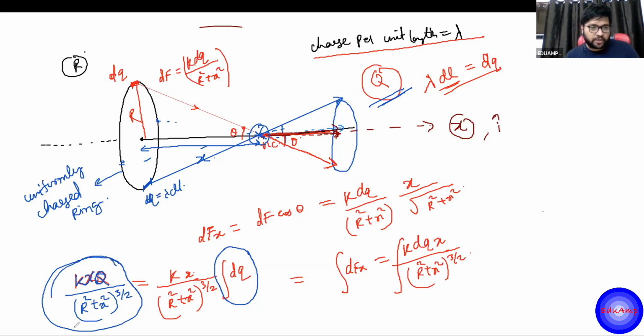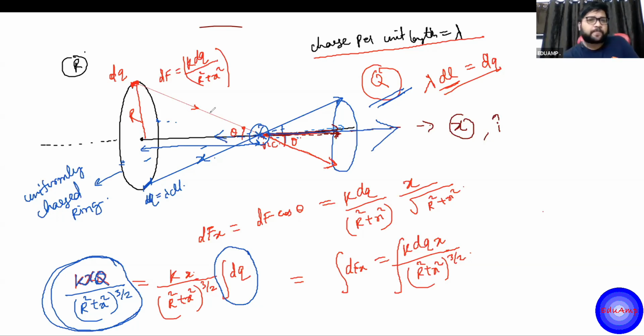This much: kxQ divided by r square plus x square whole to the power 3 by 2. In which direction? If it is positive, in this case we took it positive, the direction is this way, away from the ring. Had it been negative, the direction will just reverse. If the ring is negative, the direction will be towards the ring.